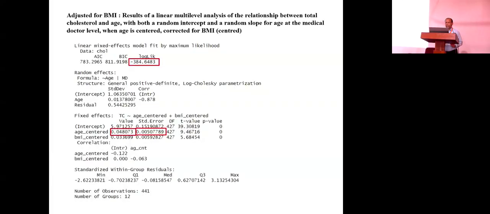Log likelihood is 384, not 399. So someone has to help me in understanding this effect. What is it? It has reduced. Therefore, BMI played a very big role rather than the doctors. So the reduction or whatever the correlation is because of BMI, not because of the doctors.